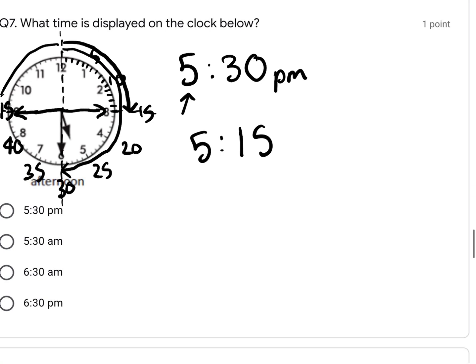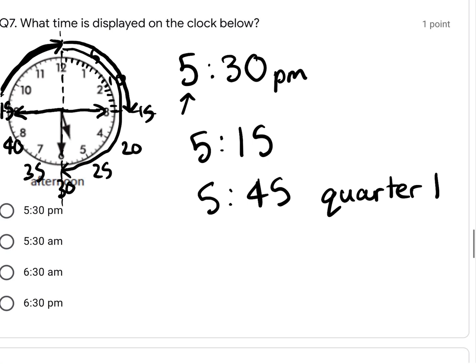That means that we've only got 15 minutes left from here until we get to the next hour. We've only got a quarter of an hour left here. So instead of saying a quarter past, we say that 5:45 is the same as a quarter to the next hour. So it's a quarter to 6, whereas 5:15 is a quarter past 5.